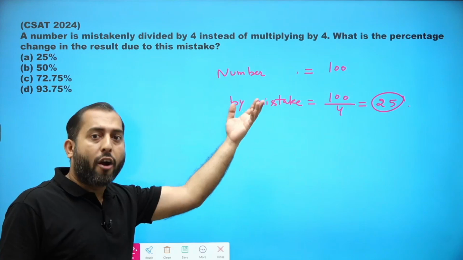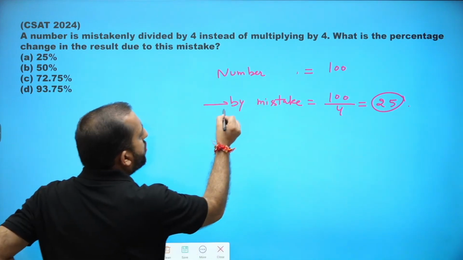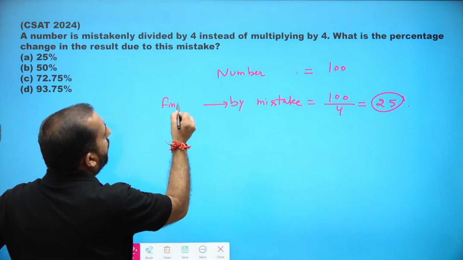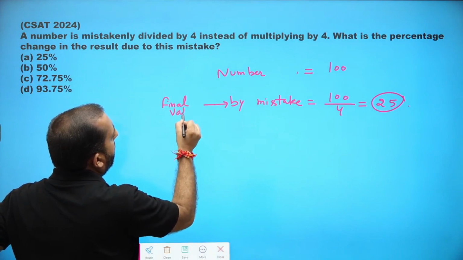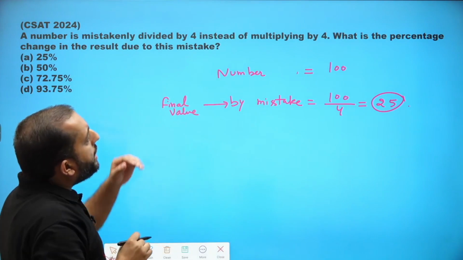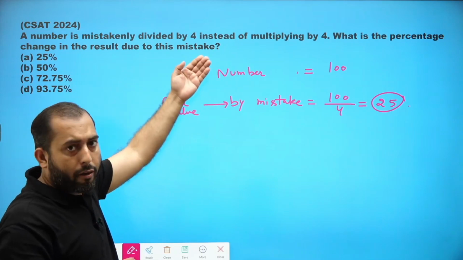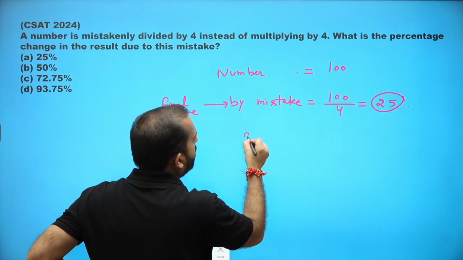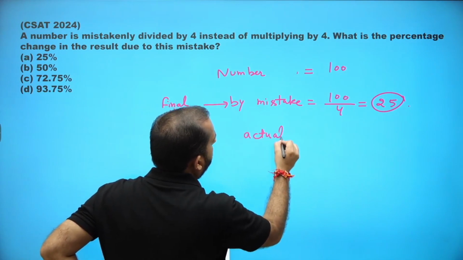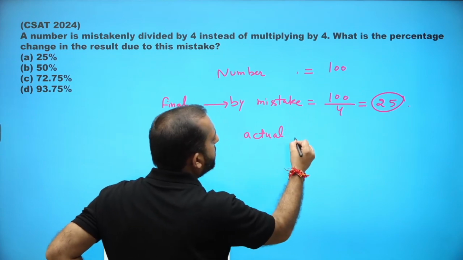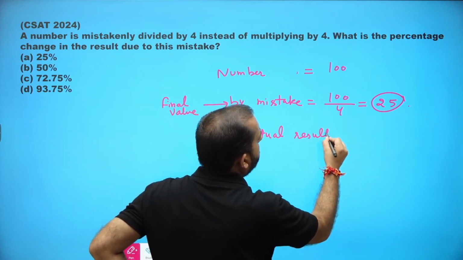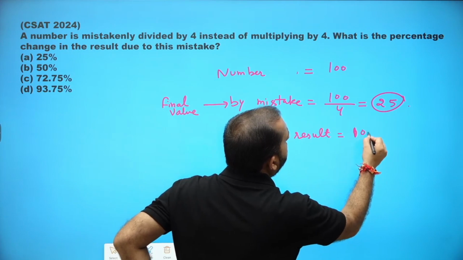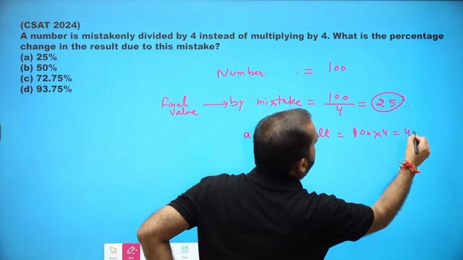We want to avoid it. Meaning, this was the final value. Instead of dividing by 4, what should have actually been done? The actual result should be 100 into 4, that is 400.